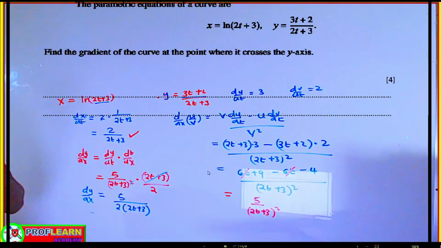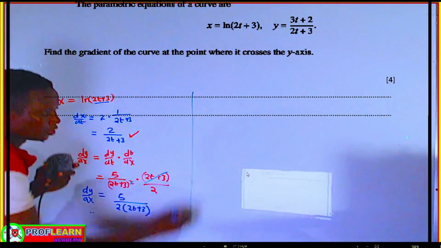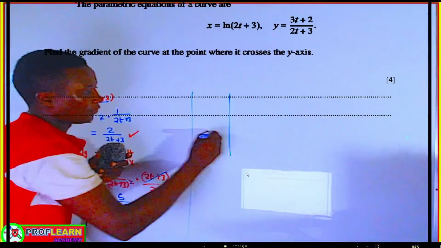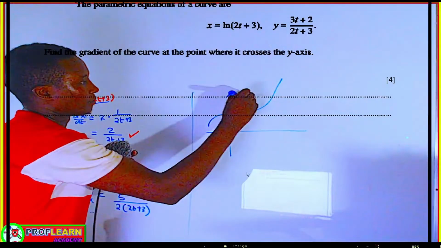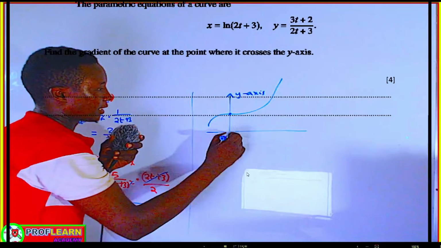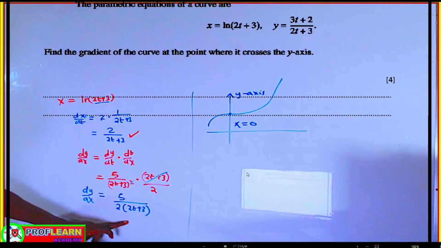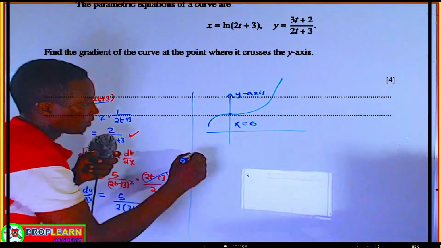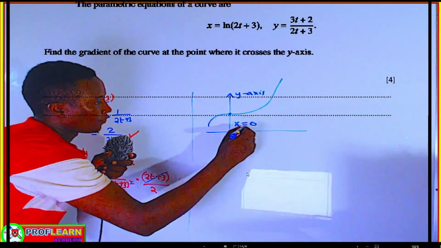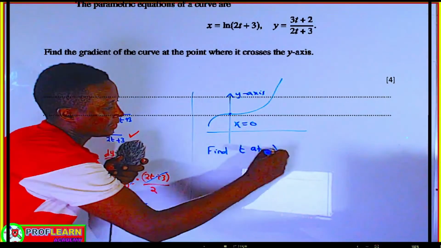So if you have a curve crossing the y-axis, at the point where it crosses the y-axis, x is equal to 0. We already have our dy dx in terms of t, but we need to find the value of t at x equals 0.